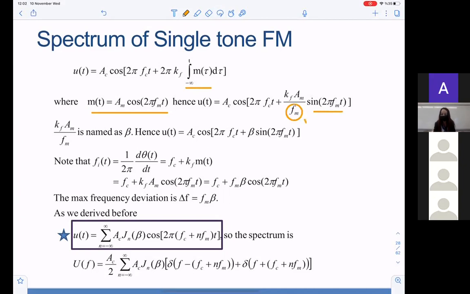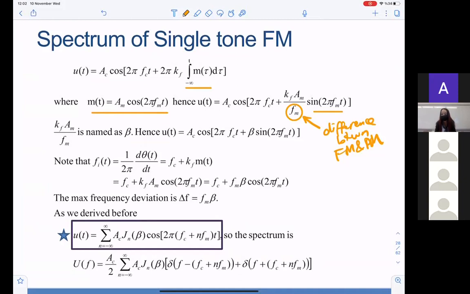This thing is the main difference between FM and PM, because in PM we're not going to have this FM in the denominator. So that will mean PM is going to have worse bandwidth expansion.